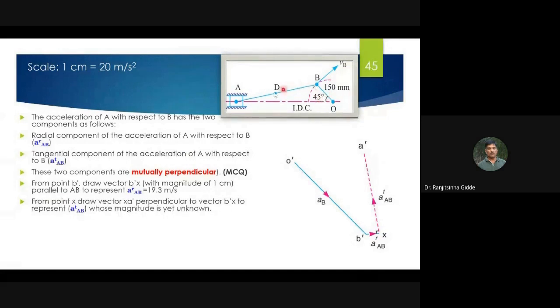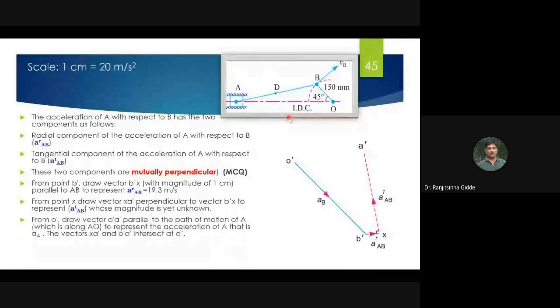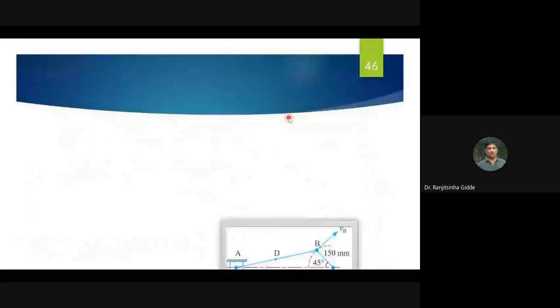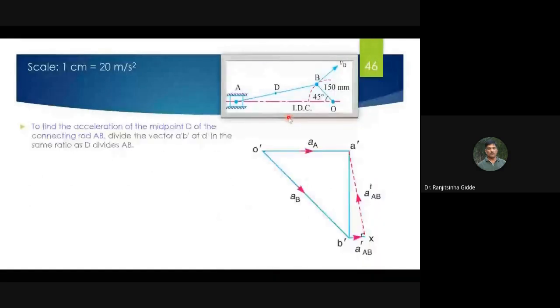Now for this link there are two components, one is radial component and one is tangential component. This tangential component is going to exist because there is change in angular velocity of this link. So that's why here we have taken that angular velocity.